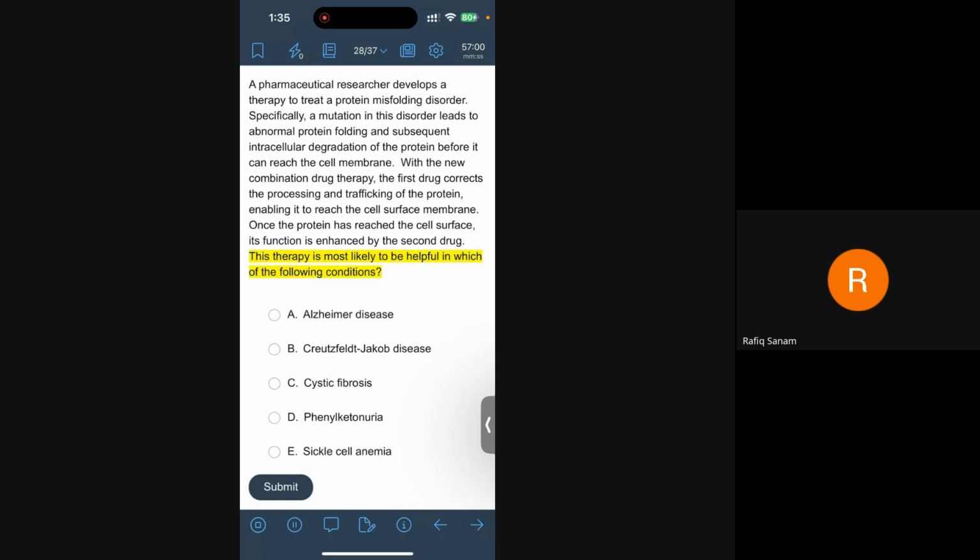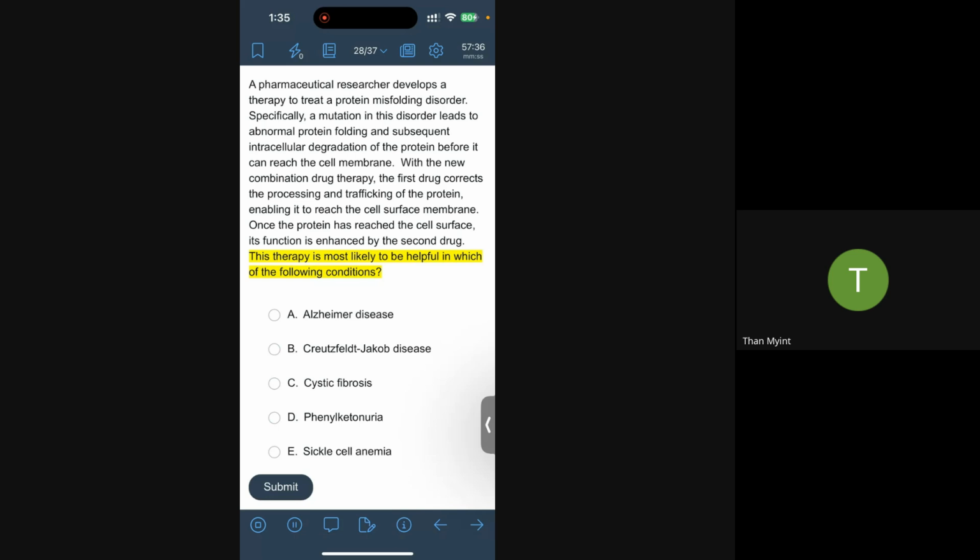To treat the protein misfolding disorder. Misfolding disorder. Cystic fibrosis. So in which of these diseases are you going to see a protein misfolding disorder?